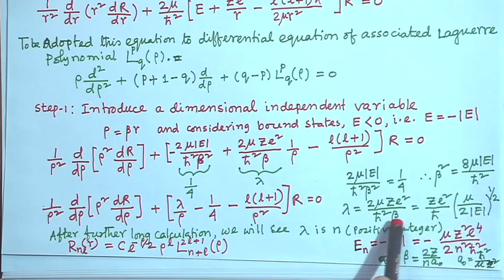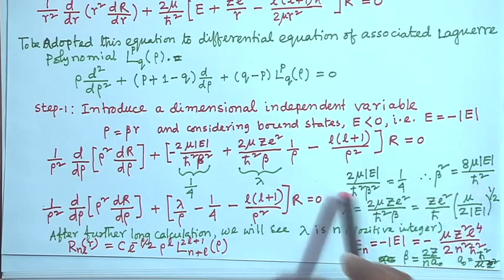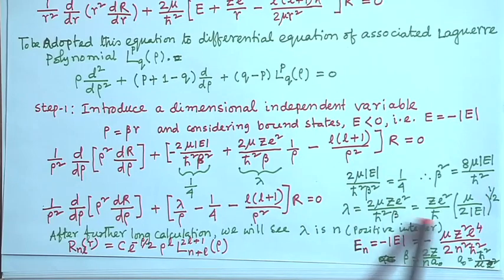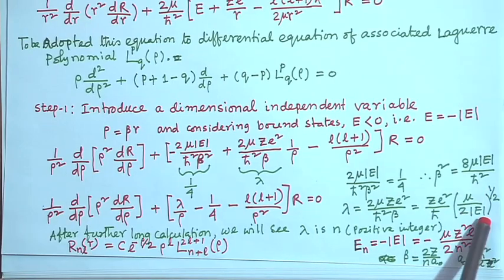And here you can see this mu, square of this one, n lambda, then I will make it square, n square lambda square equal to z square e to the power 4 by h cross square, and this mu by 2 mod E.